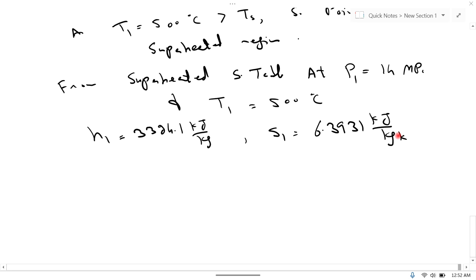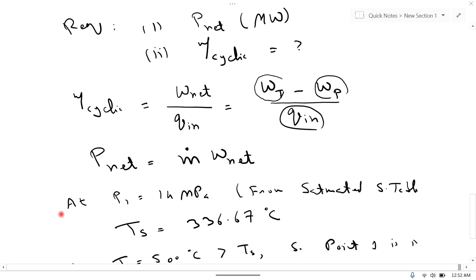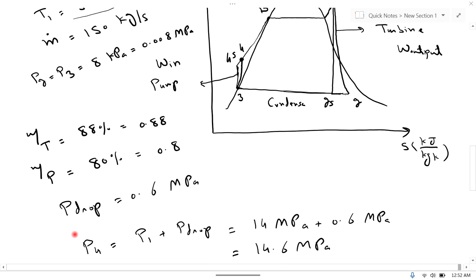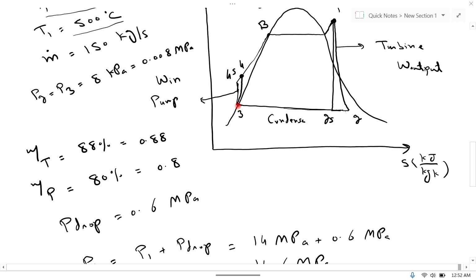Now we have to find the enthalpy, entropy, and specific volume at point 3. It is clear that at point 3 we know H is equal to HF, because this is the saturated liquid line, S is equal to SF, and V is equal to VF.